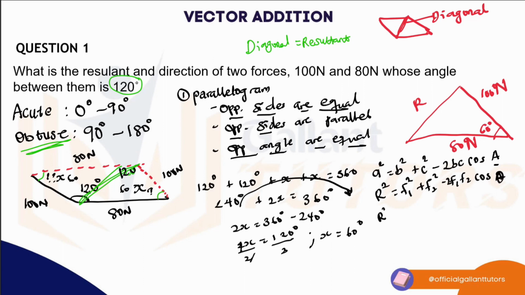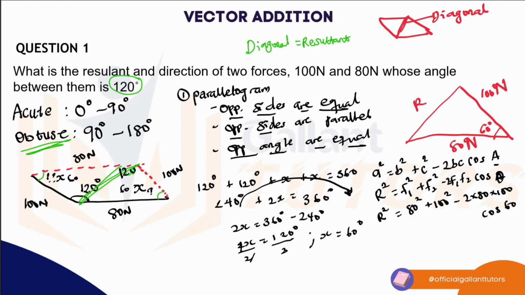Anyway, our R is not given, so R squared equals F1, I can just say F1 is 80 Newton squared plus 100 squared minus 2 times 80 times 100 cos 60.